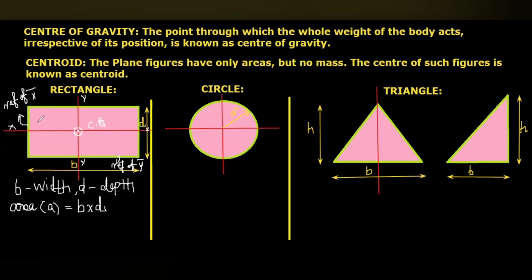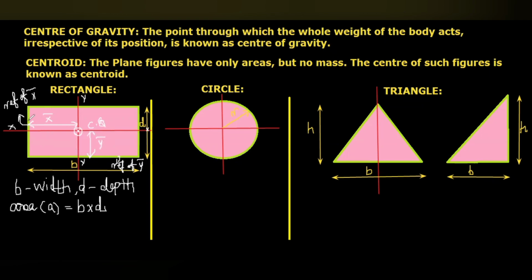So here X bar will be the distance from the reference line to the center of gravity, that is this distance. Same way, this vertical distance is Y bar from the reference line to the CG.